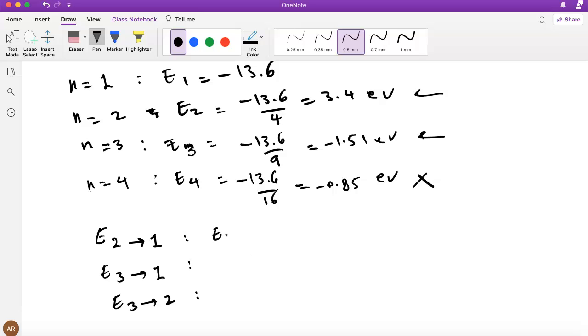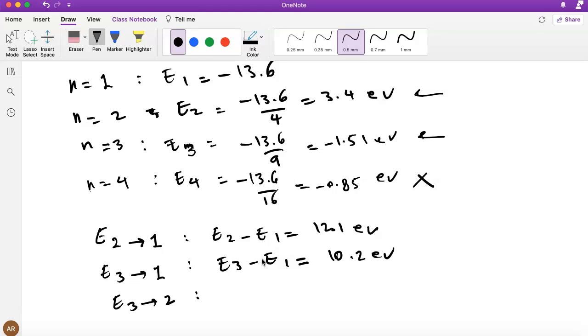So here the energy of the photon will be E2 minus E1. And in this case, this is minus 12.1. In this case, E3 minus E1 is going to be plus 10.2 electron volts.